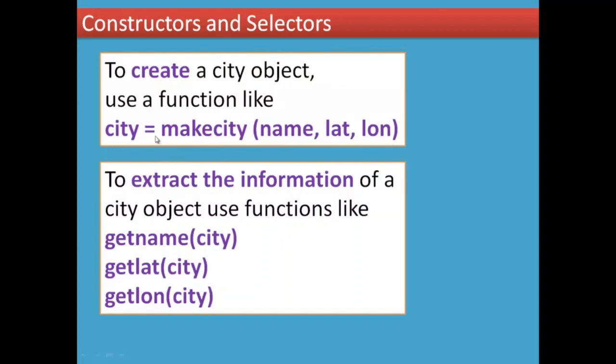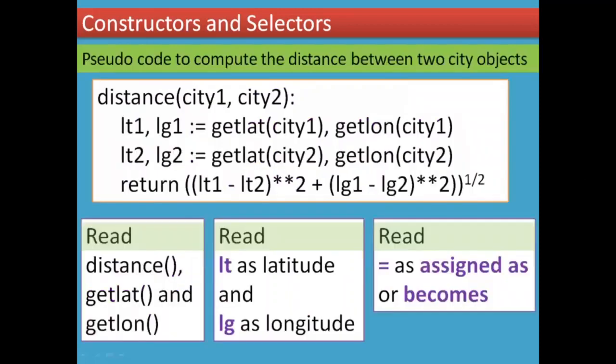To extract the information of the object city, use functions like getname(city), getlatitude(city), getlongitude(city). Getname, getlat and getlong are extract functions to get the information from the city, the constructor. Here is a pseudocode to compute the distance between two cities as objects.